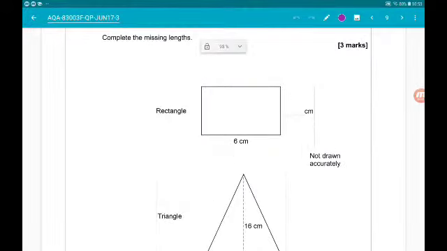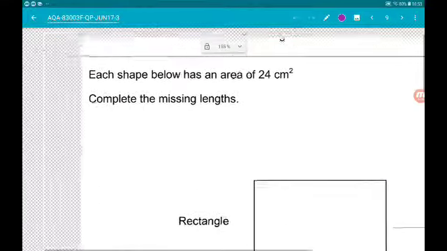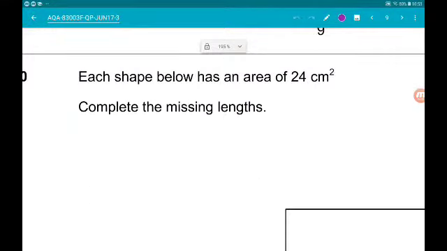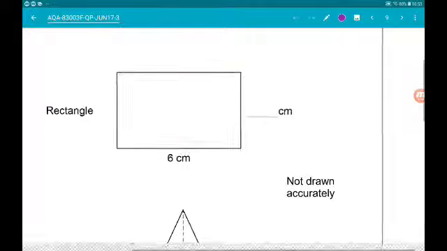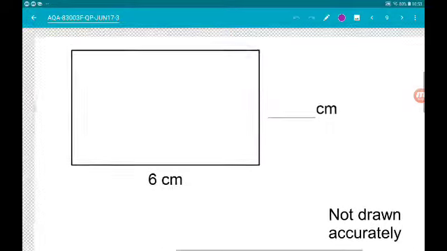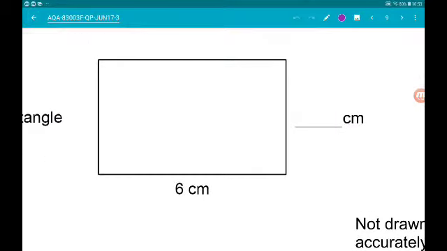Okay, question 10. Each shape below has an area of 24 centimeters squared. We want to complete the missing lengths. Okay, so with a rectangle, the area is base times height.